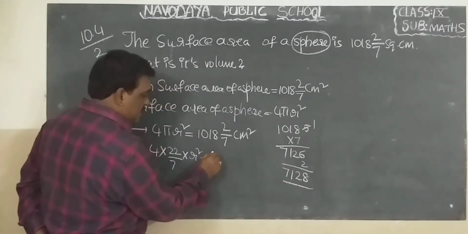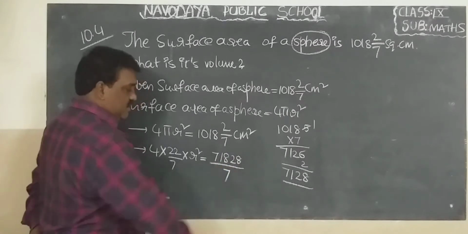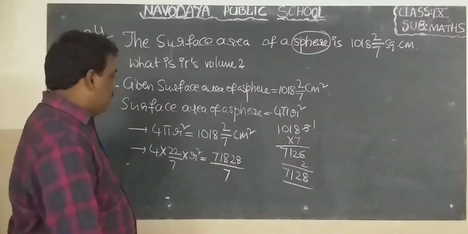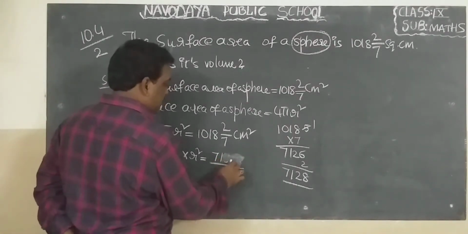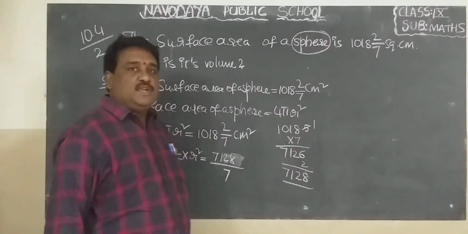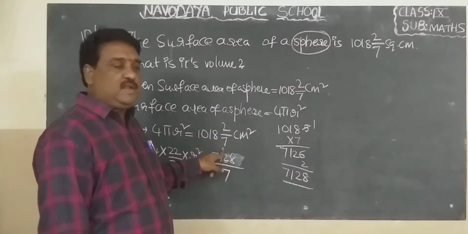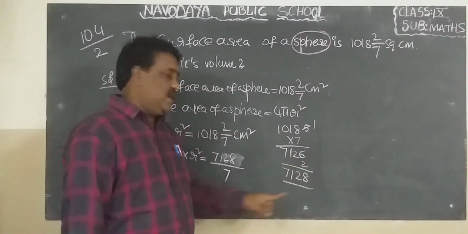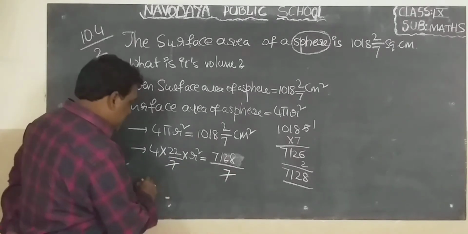So it becomes 7128 by 7. Convert the mixed fraction into an improper fraction: 1018 multiplied by 7 is 7126, add 2, 7128 by 7. Then 7 and 7 cancel. What is left?